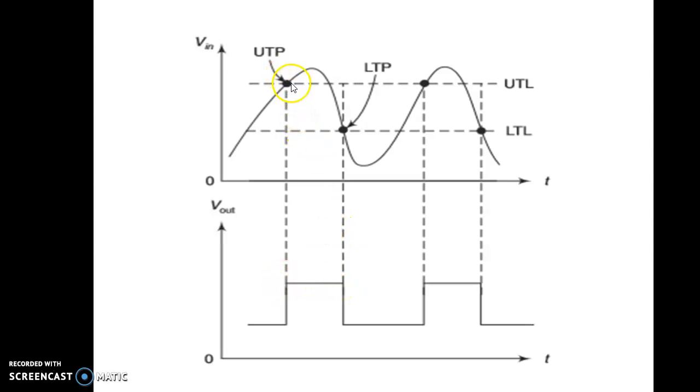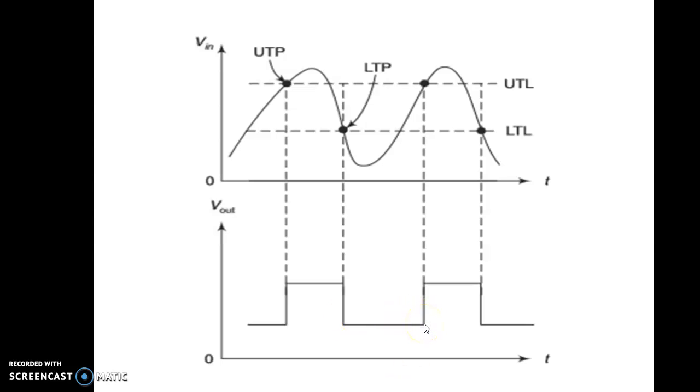And this conversion takes place until the input voltage reaches the lower threshold point. So when the input reaches the lower threshold point, the transistor Q1 is off and transistor Q2 is on, and the output voltage is equal to VCE sat plus VRE again, and hence we obtain this conversion.